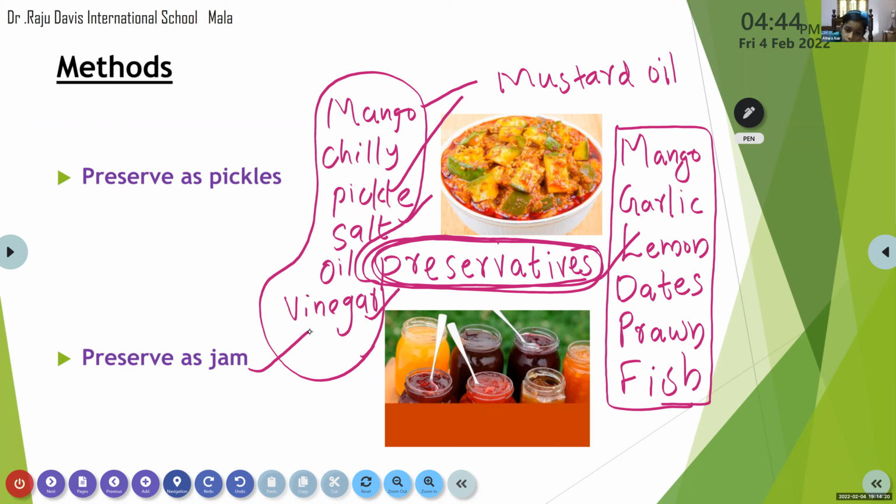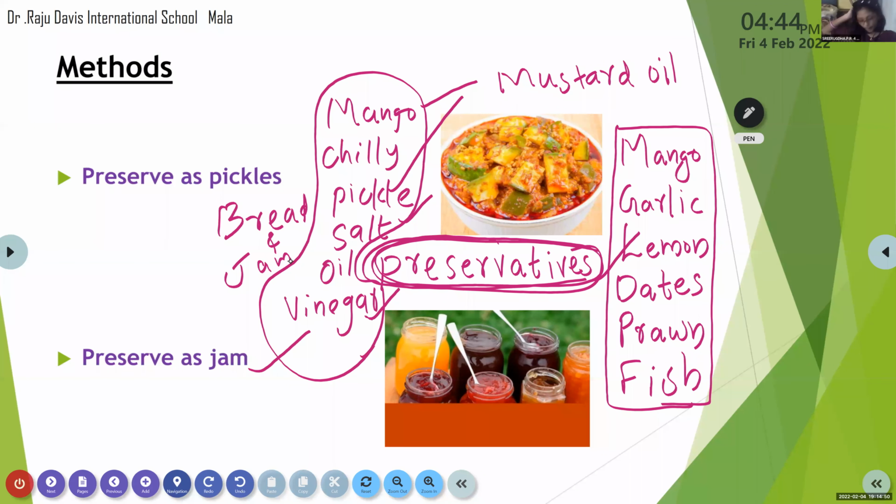Which food item do we use with this jam? Ma'am, bread. Bread and jam is a good combination, no? So what's the taste of this jam? Sweet.